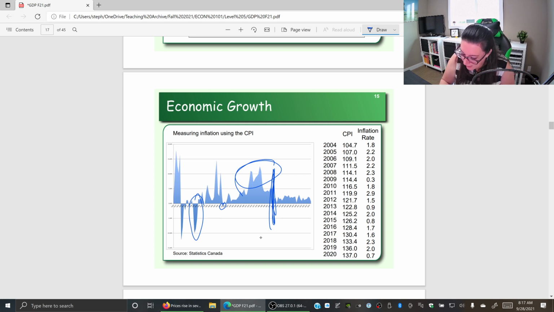That's because since 1991, the Bank of Canada has made it a priority to keep inflation between 1 and 3%. So you can see really here that it's been a top priority and something that they actively use monetary policy to keep it in that range. The idea here is that economic growth, that increase in demand for goods, drives up prices. So we want a little bit of inflation, but not too much inflation that you can't afford the things that you need. And so we're keeping those prices right between 1 and 3%.